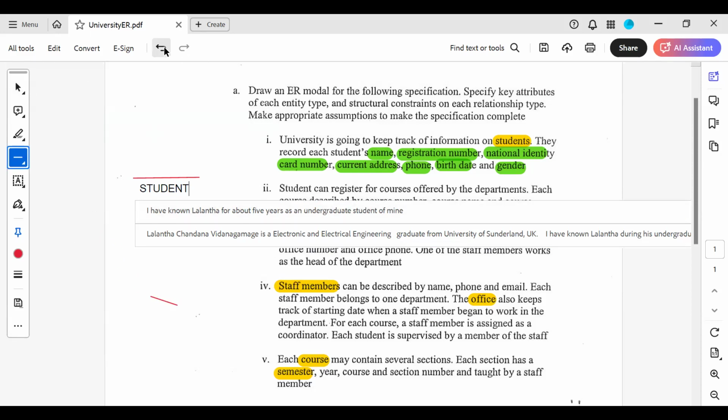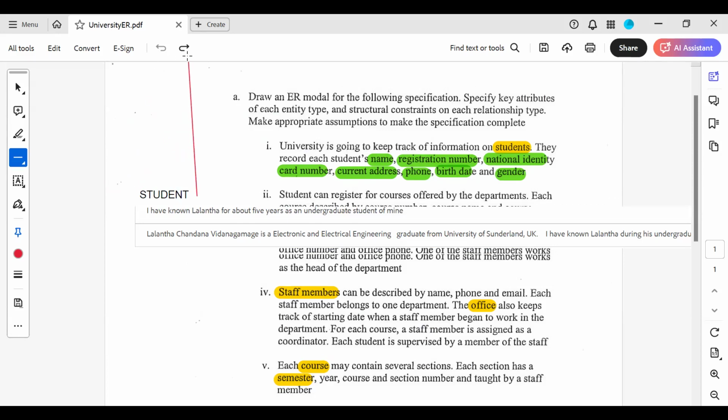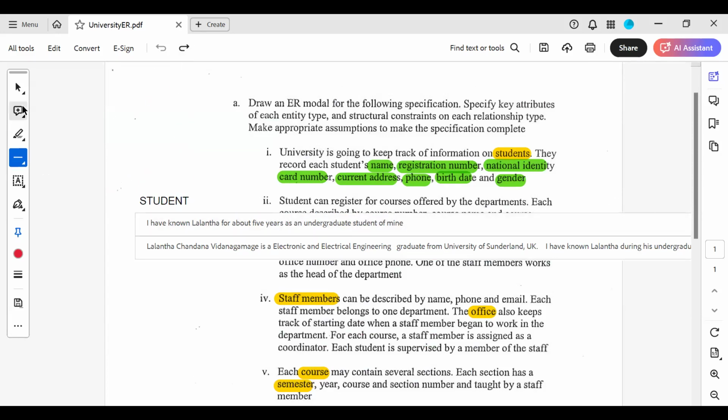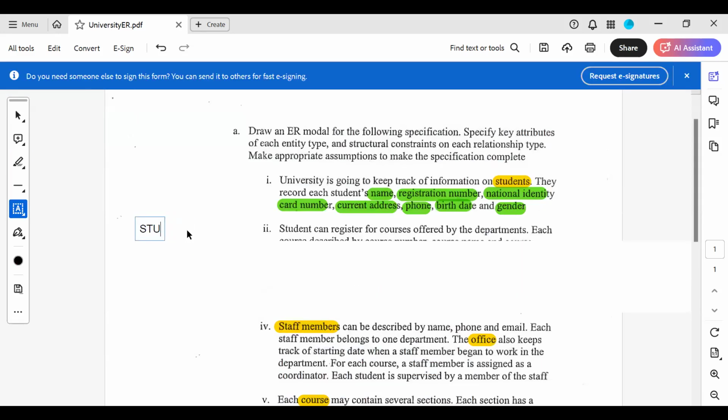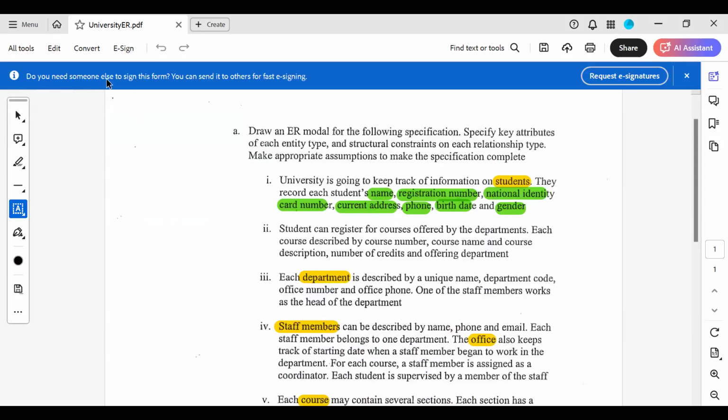Let me undo this. Let me use this. Okay, so we will have student, and then let me draw a rectangle.